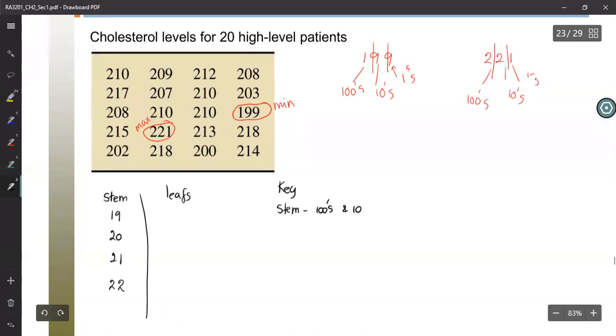Okay, so the key is stem will be hundreds and tens. If you put hundreds only, that is also okay. Your leaf will be ones. Okay, so this is the key. Okay, let's fill it. We have 199, I guess that is the only one. For 20, you have a lot of values.